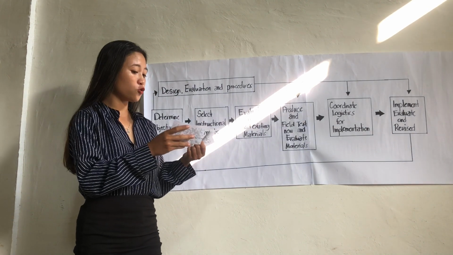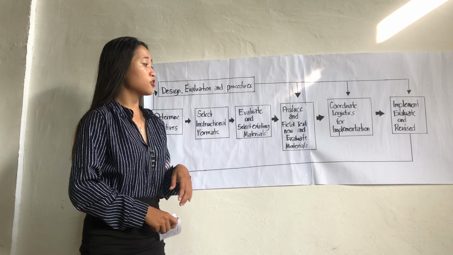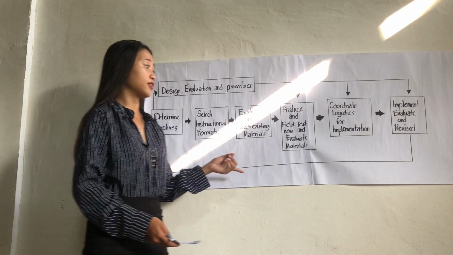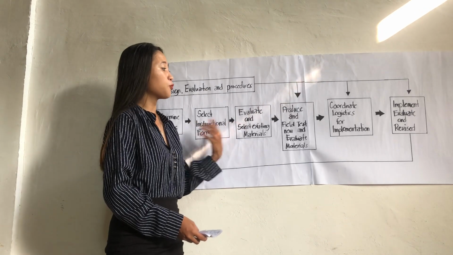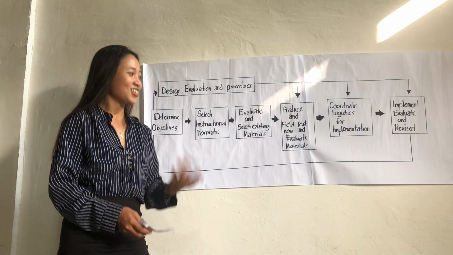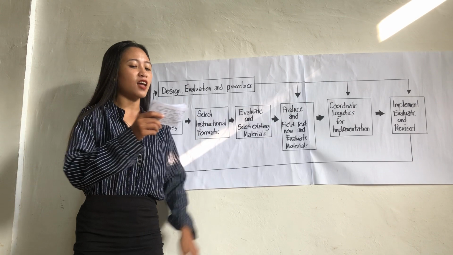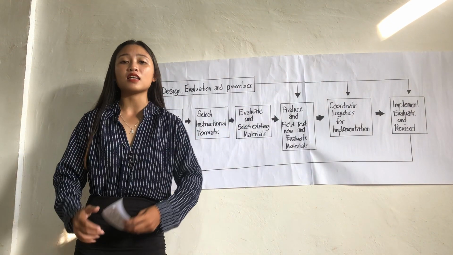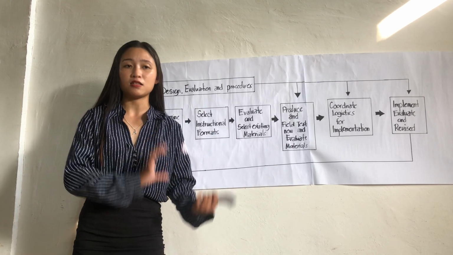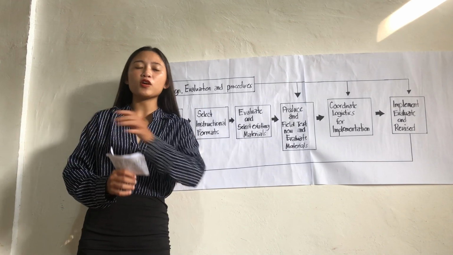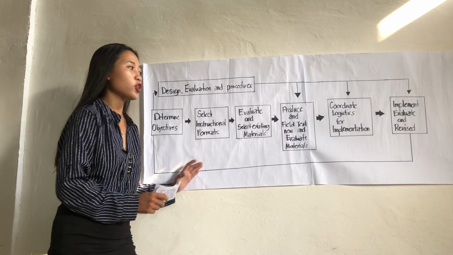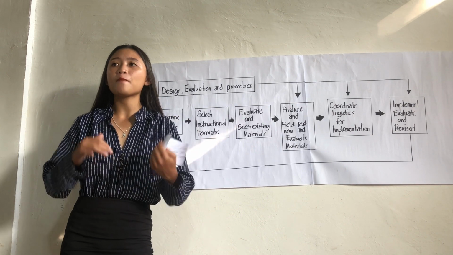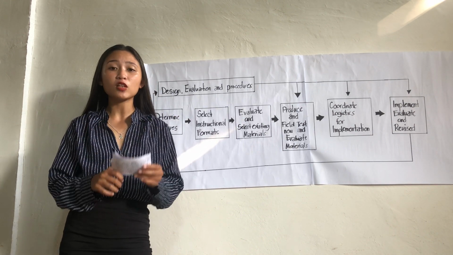The fourth one is produce and field test new and evaluate materials. This is the step after evaluate and select existing materials. After the evaluation and selection of existing materials, we need to test it in the real world. In that way, we could really assess if that curriculum is effective or not by implementing it as part of the real world curriculum.